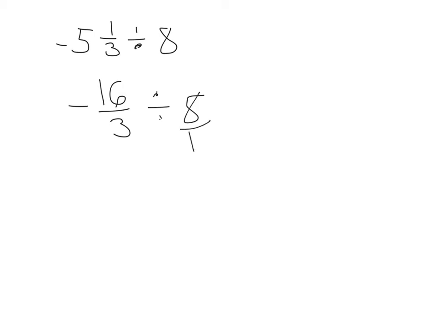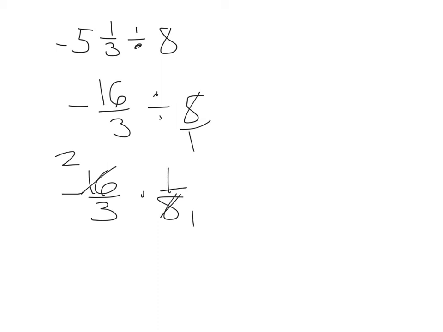So how do we divide fractions? You simply multiply by the inverse of the second number. So the inverse, or the reciprocal, of 8 over 1 would be 1 over 8. So we're going to multiply by 1/8. Okay, when we do that, 8 goes into itself one time, 8 goes into 16 two times.